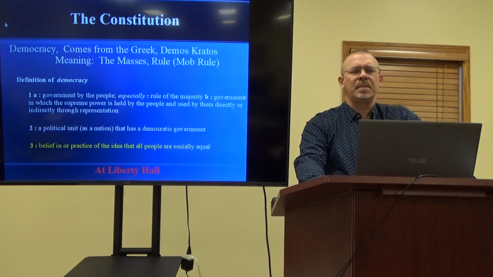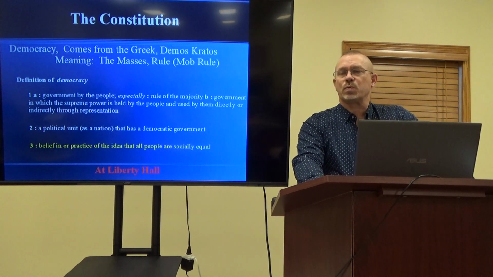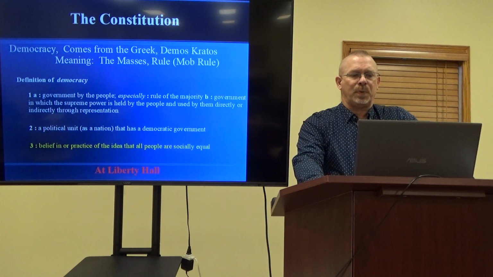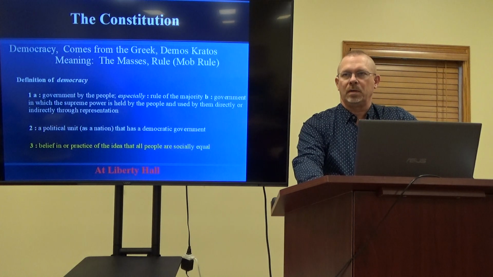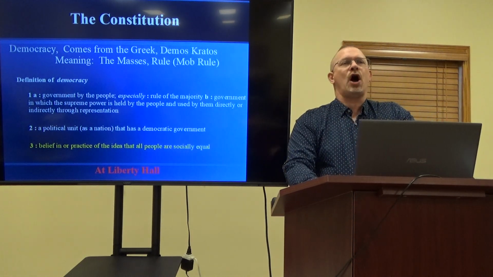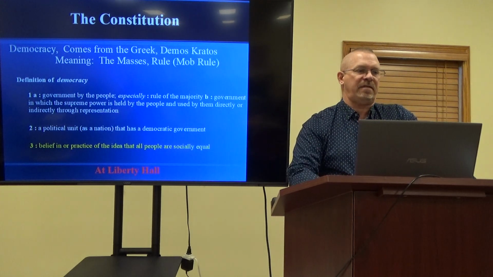Well, that comes from the two Greek words, demos kratos, meaning the masses rule or mob rule. Number 3, belief in or practice of the idea that all people are socially equal. That's a democracy. So you can see why I get nauseous every time I hear democracy come out of a politician's face.